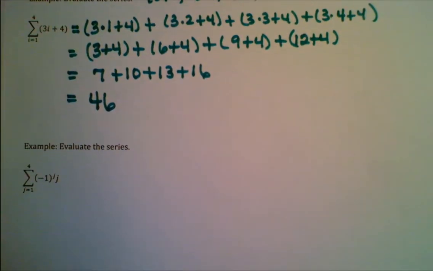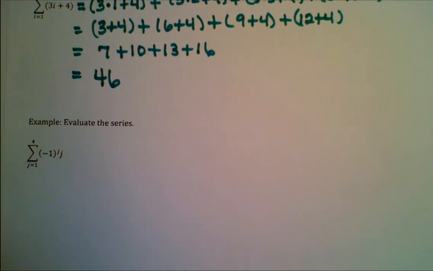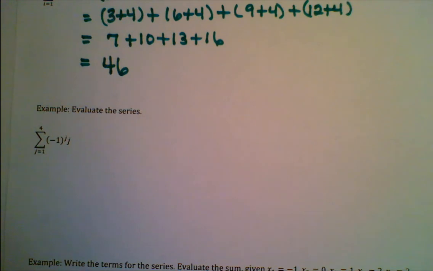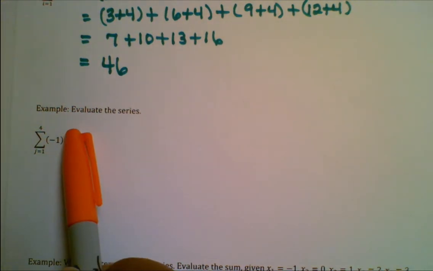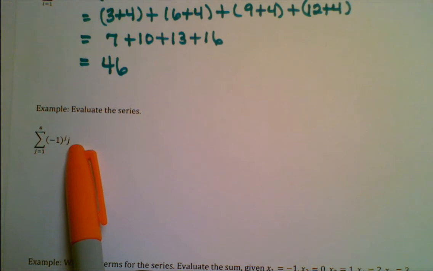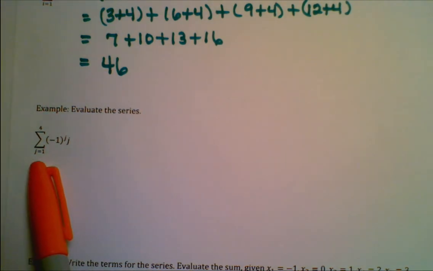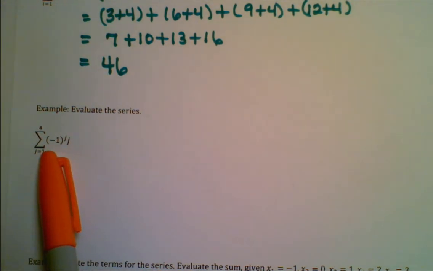Let's look at the next example. Evaluate the series. The sum of the quantity of negative 1 raised to the j power times j as j goes from 1 to 4.